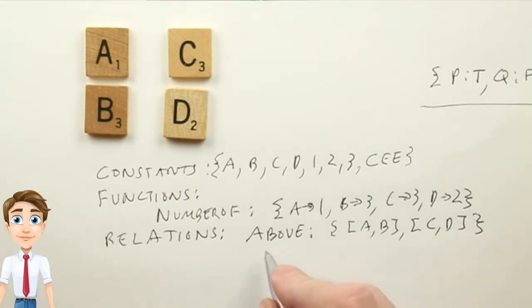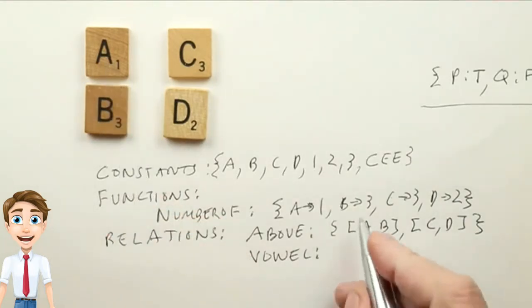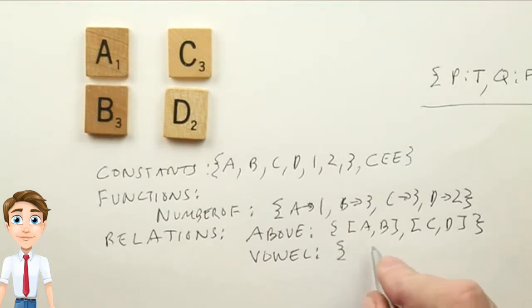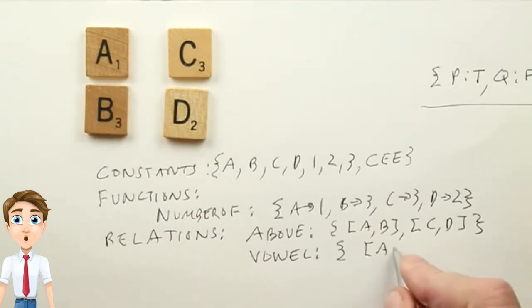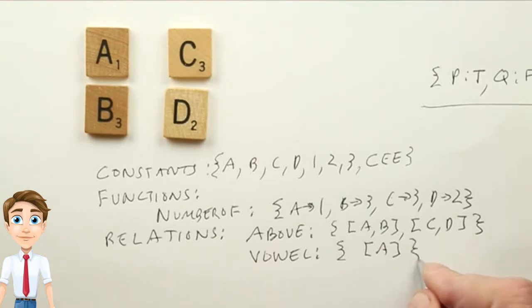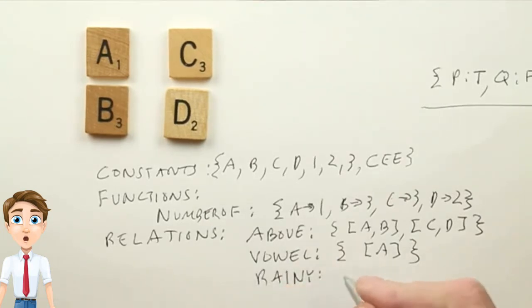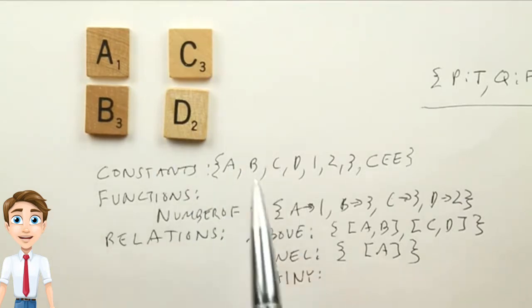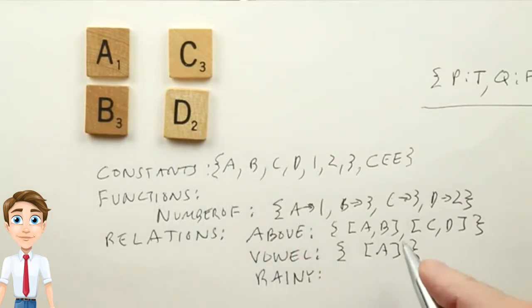We can have other types of relations. For example, here's a unary relation, vowel. And if we want to say the relation vowel is true only of the object that we call A, then that's a set of tuples of length 1 that contains just A. We can even have relations over no objects. So say we wanted to have the relation rainy, which doesn't refer to any objects at all, which just refers to the current situation.